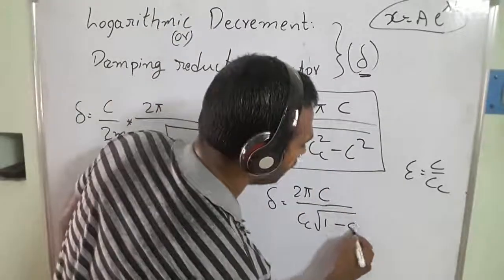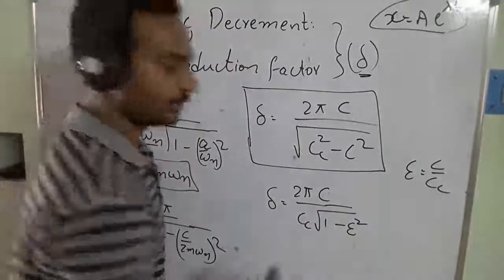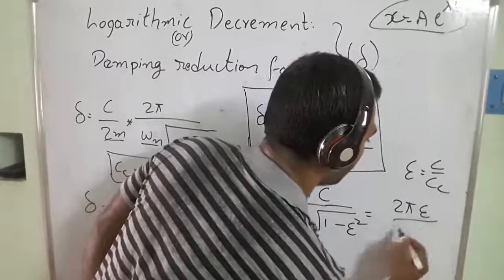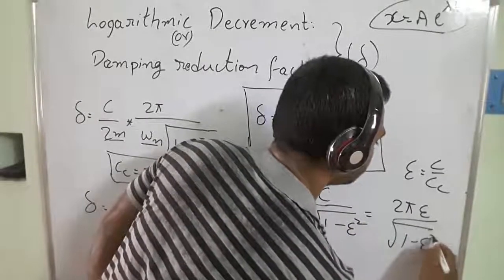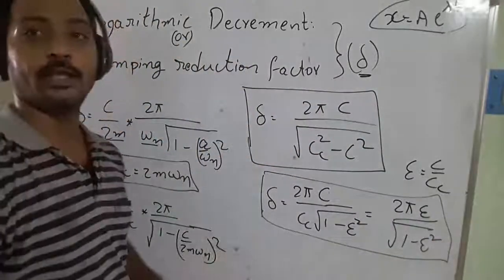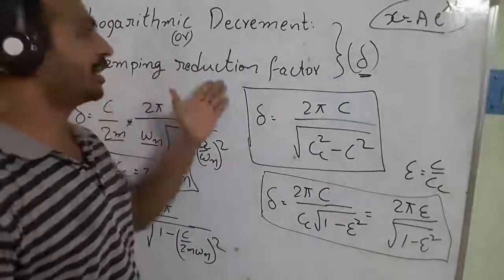So then I am going to write this as epsilon square, as we know C by Cc is there. Then further simplification, 2 pi epsilon by the square root of 1 minus epsilon square. So this equation also we can use in finding the logarithmic decrement or the damping reduction factor.